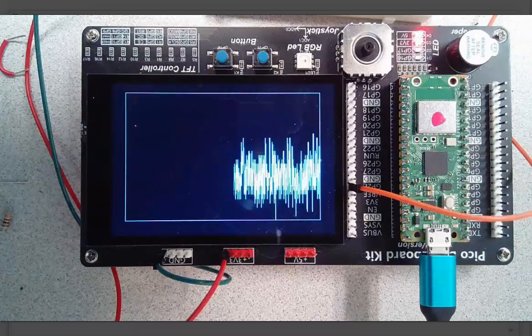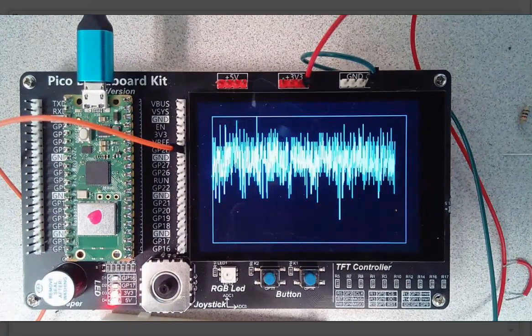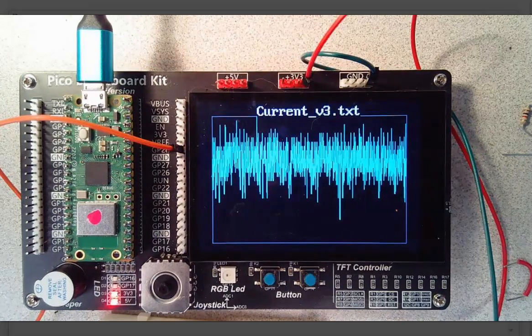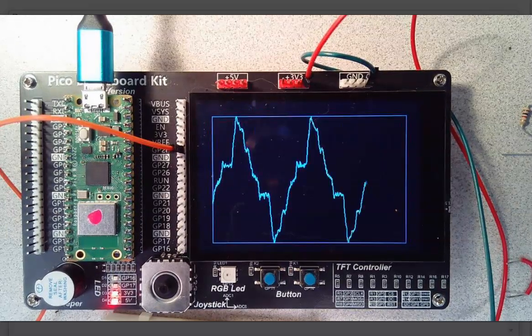It's upside down. So this is a light bulb that's turned off, just basically noise. Turn on the light bulb, say bad data, try again. It'll collect 1,000 data points and show you there's the current for an incandescent light bulb.